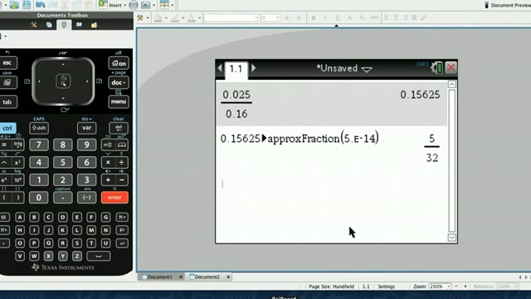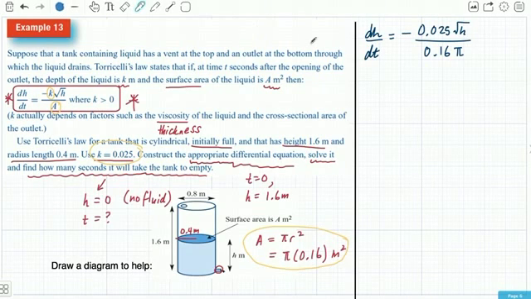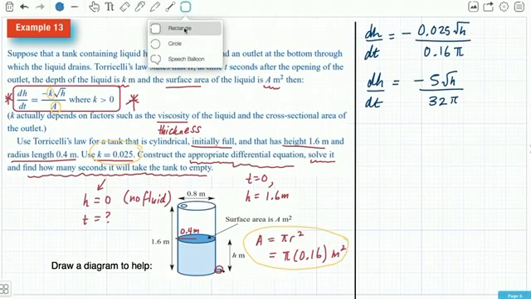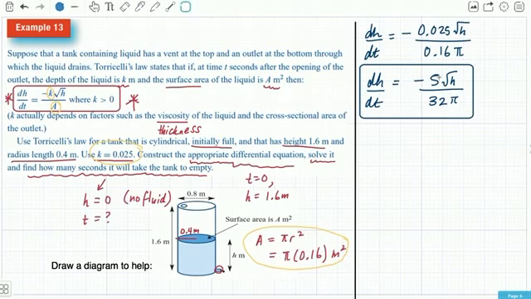So 5 over 32. So this is the same as negative 5 root h on 32 pi. It's just neater than taking decimals around with you. So if you can, turn things into whole numbers, or whole numbers in a fraction this way, rather than working with decimals.